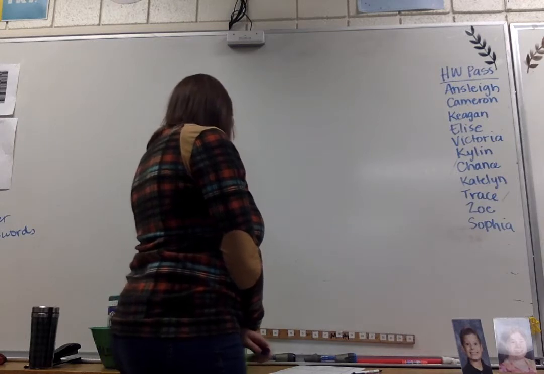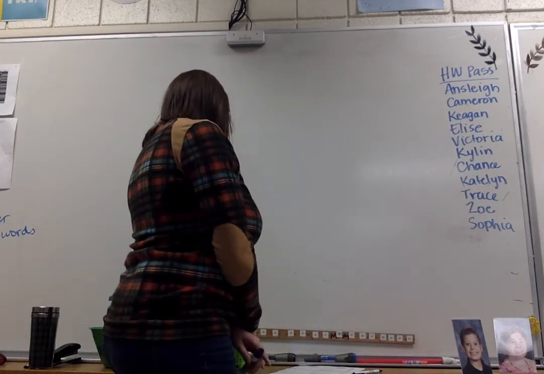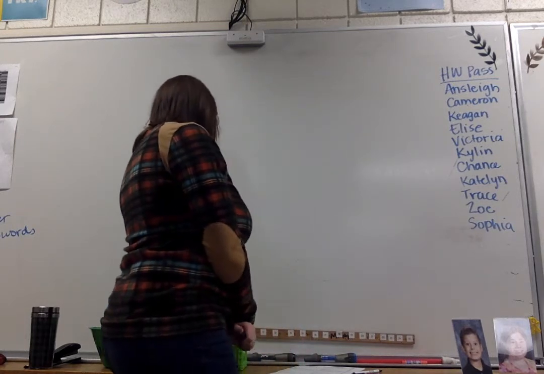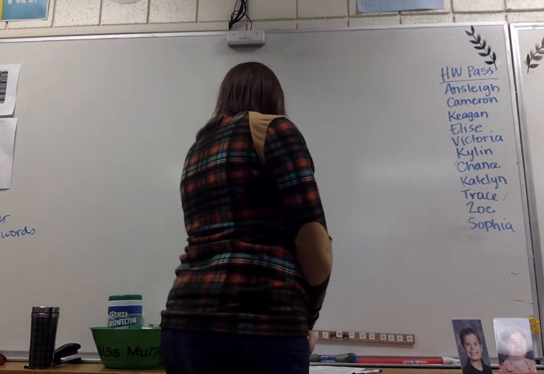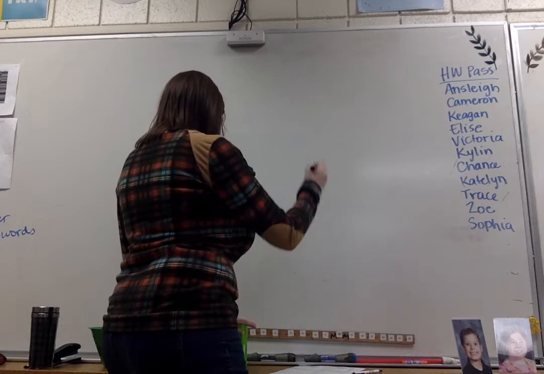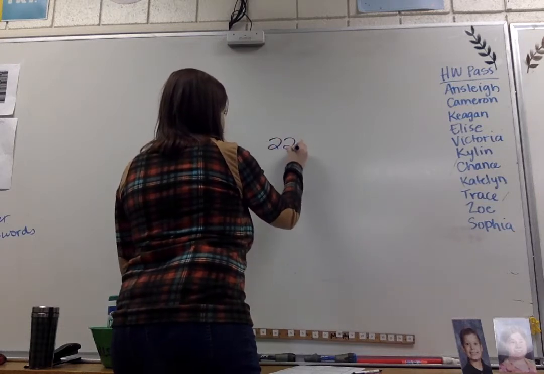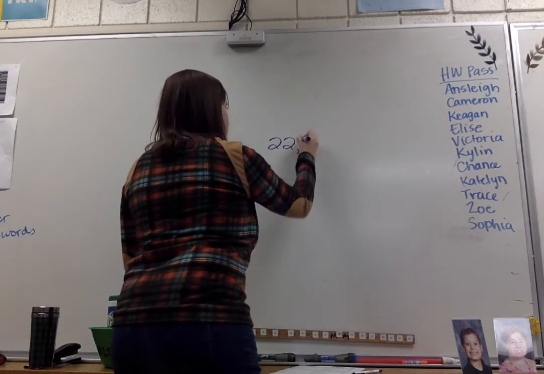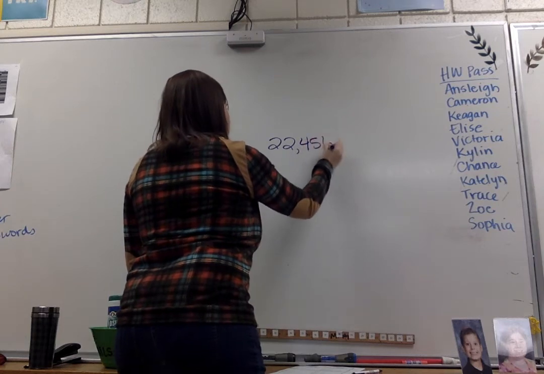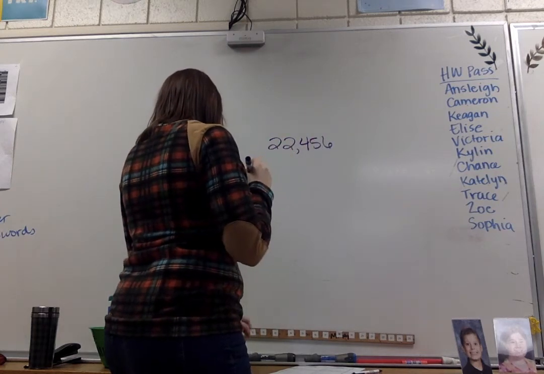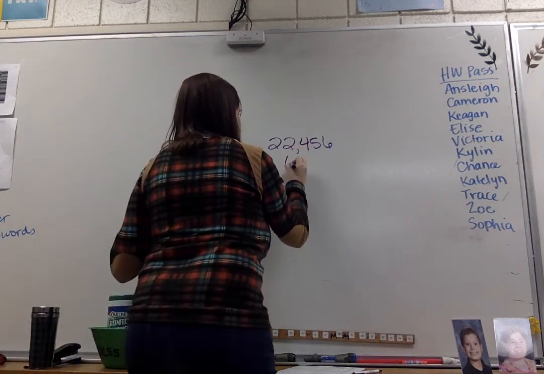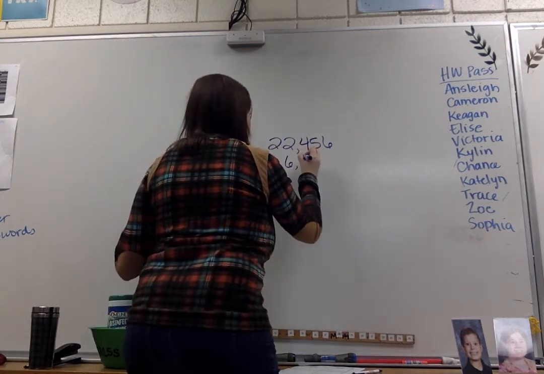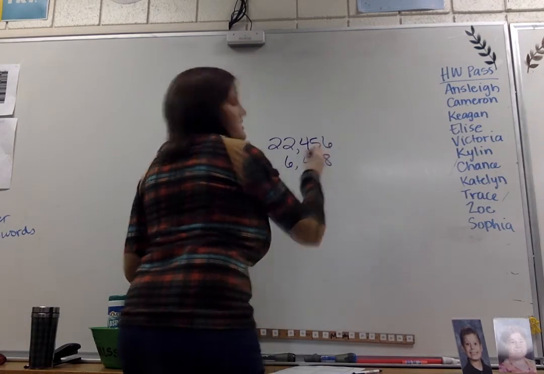There are 22,456 pine trees in the park. The park workers are going to plant 6,478 more trees this year. How many trees will there be when they are done? Okay, so we have 22,456 pine trees. The park workers are going to plant 6,478 more.